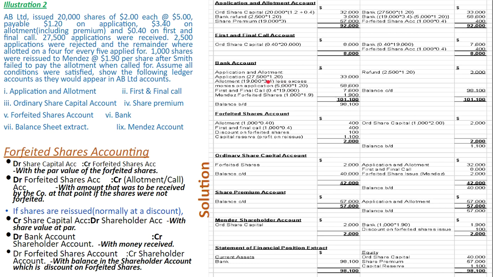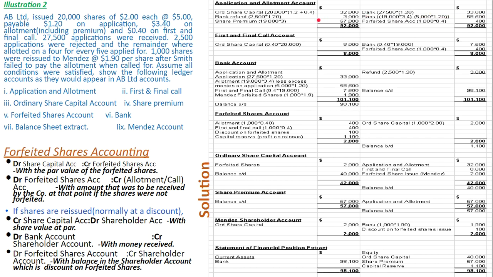So the excess monies on application will be 5,000 multiplied by $1.20 to give us 58,600. Double entry, we go to the application and allotment account. Bank 19,000 times 3,400 less 5,000 times $1.20 to give us 58,600.